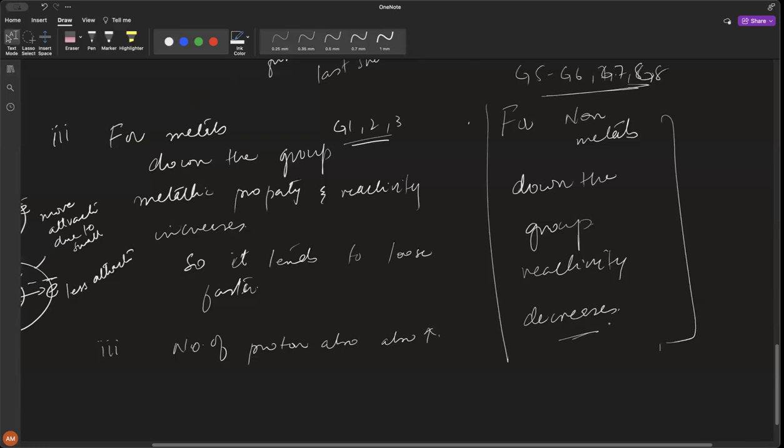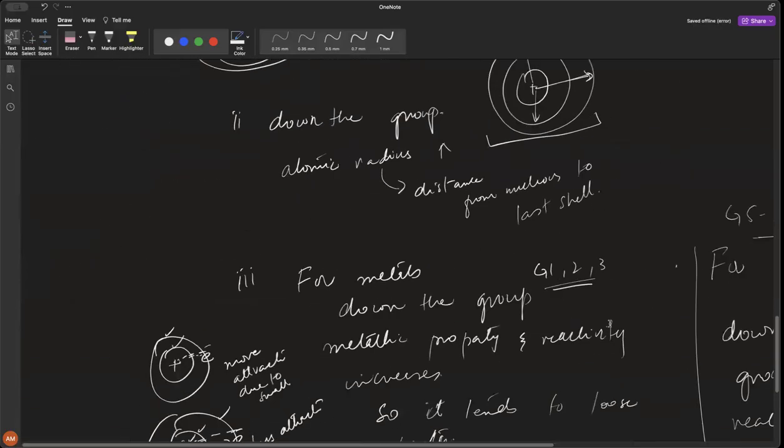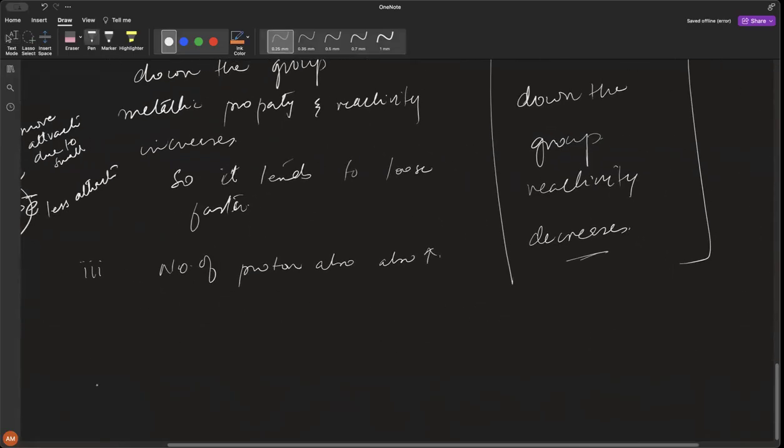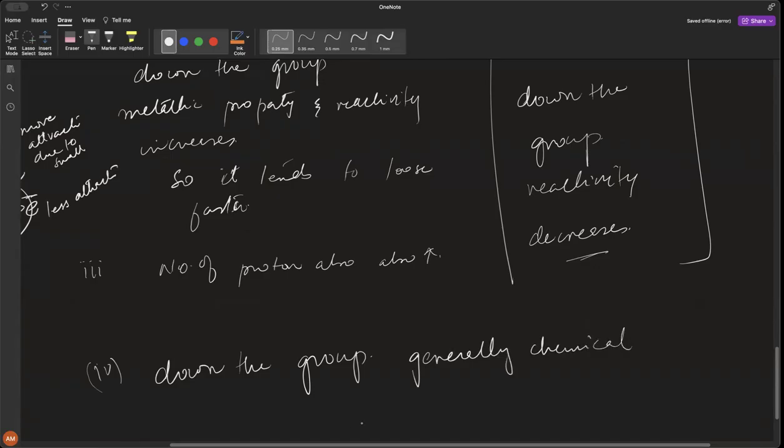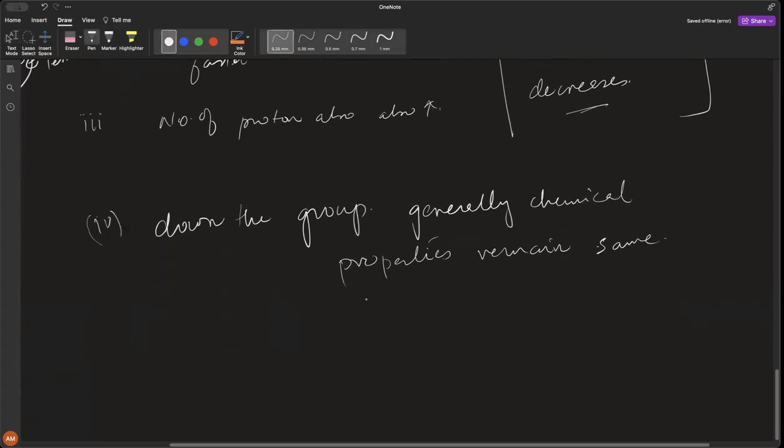All right. Generally, when you talk about going down the group, another point that we would want to add is that, down the group, generally, chemical properties remain the same.